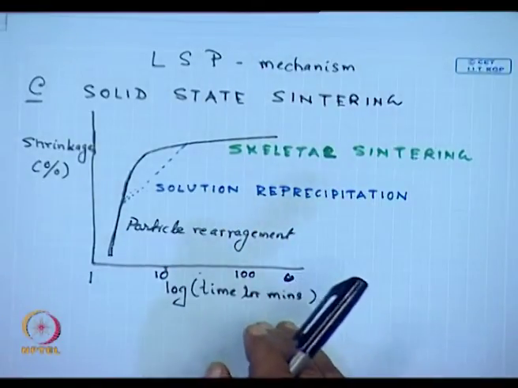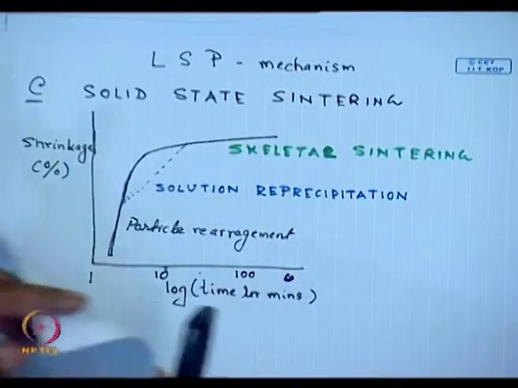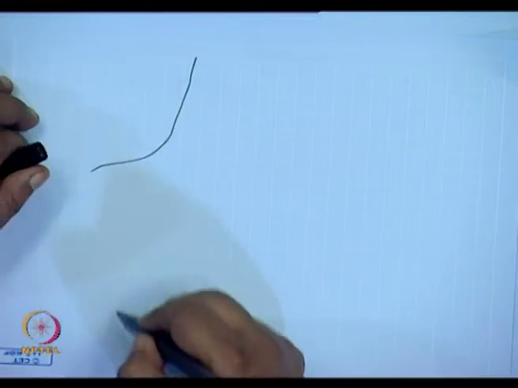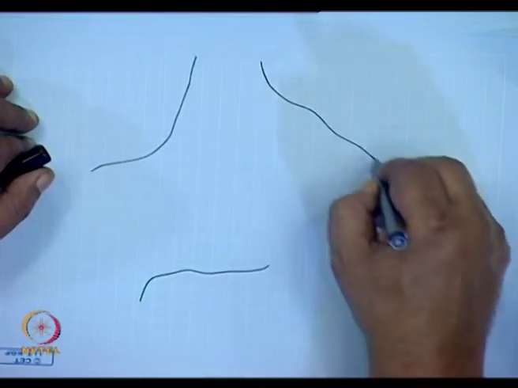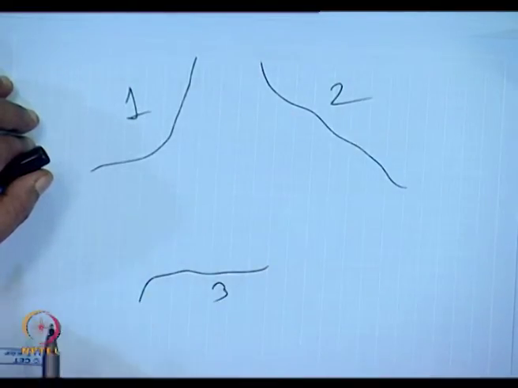After that, what happens is this. If I draw on a large scale, and I had also stated earlier in my lecture yesterday the very large end. Let me draw on a very expanded scale 3 grains. This is grain 1, grain 2, grain 3.